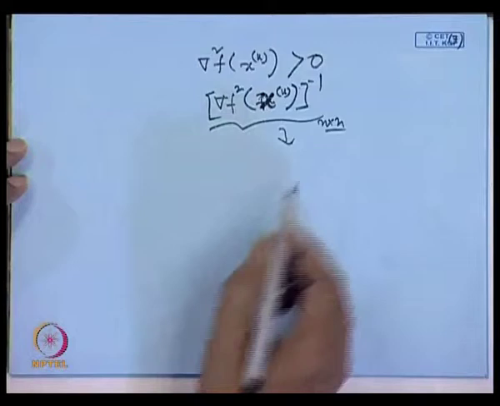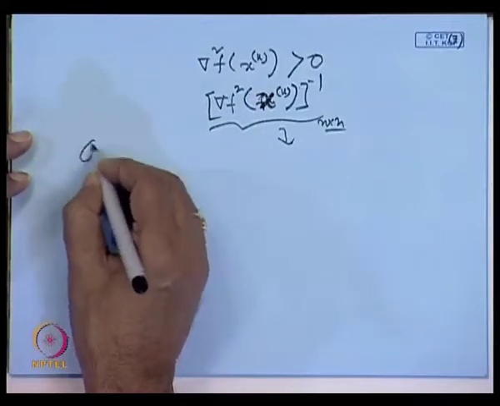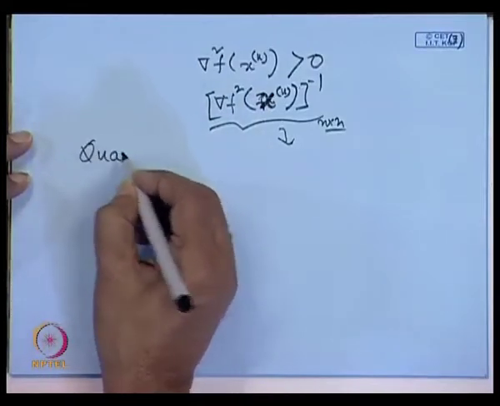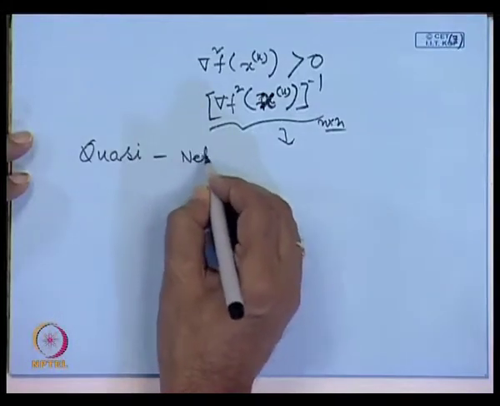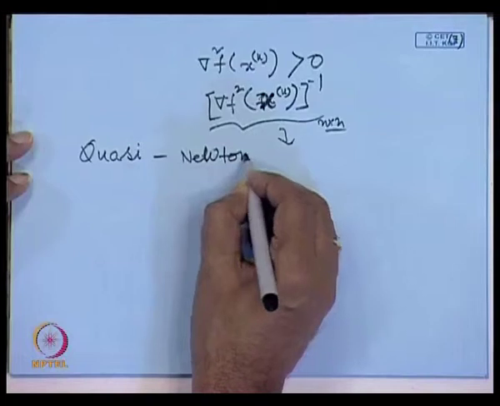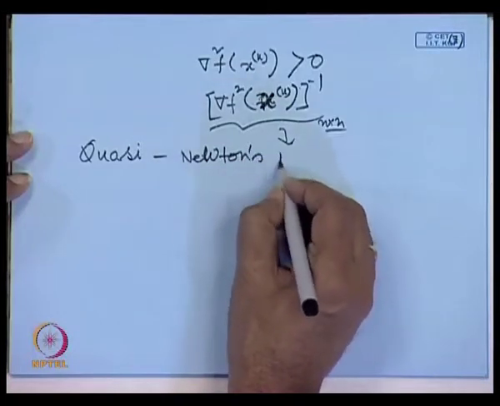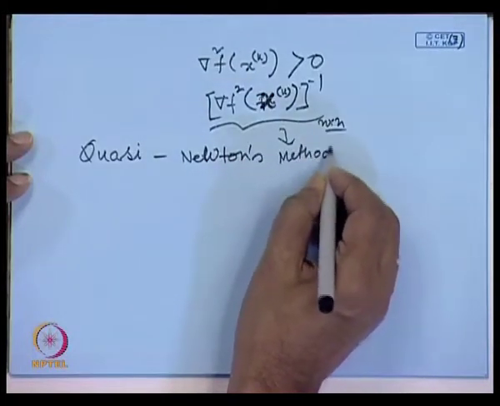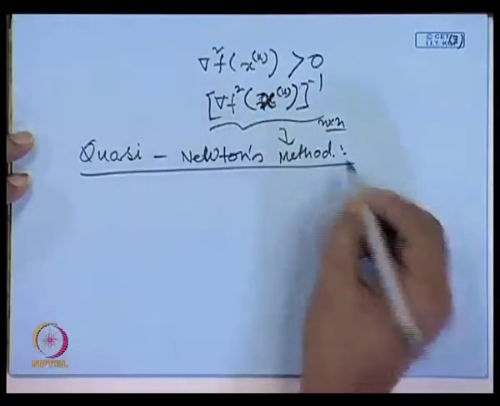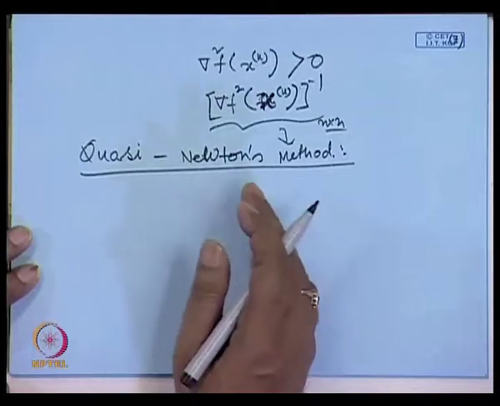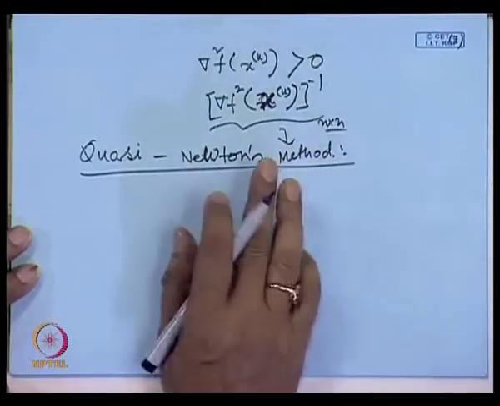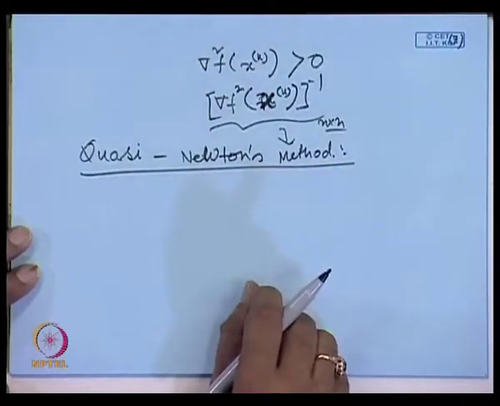Next, we will take the quasi Newton's method. Agree? This is similar to the Newton-like method, similar to Newton's method.